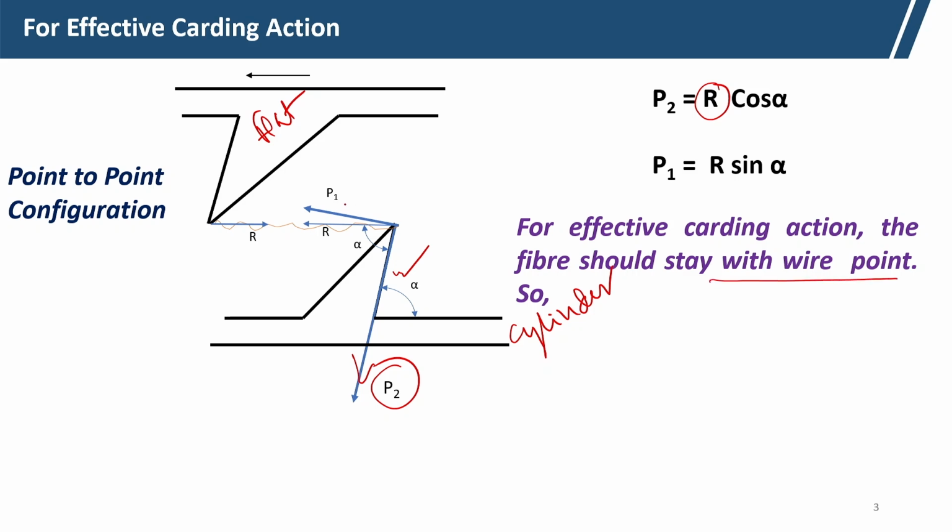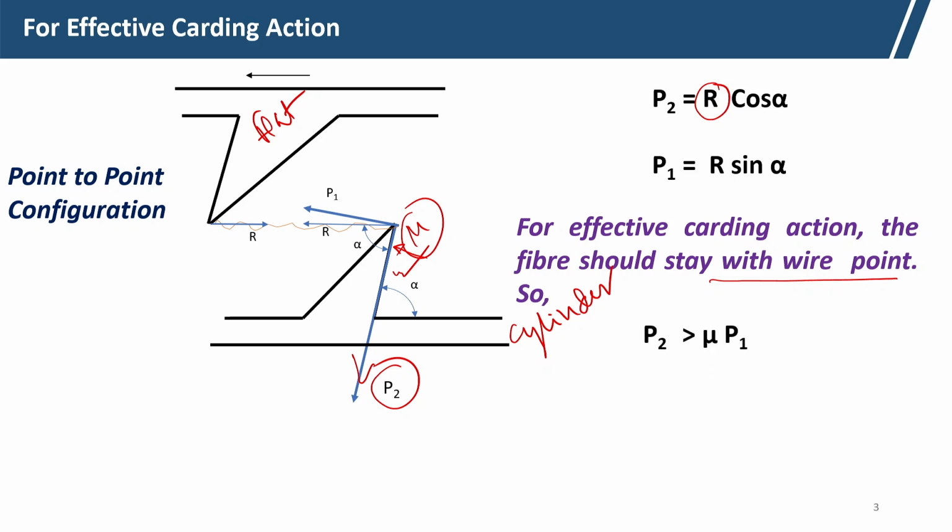And this P1 force, it is the normal force, and mu P1 is the frictional force, it also helps the fiber to stick to the wire surface. These two forces are there, but R, the pulling force by the flat, always tries to take the fiber out from this surface.